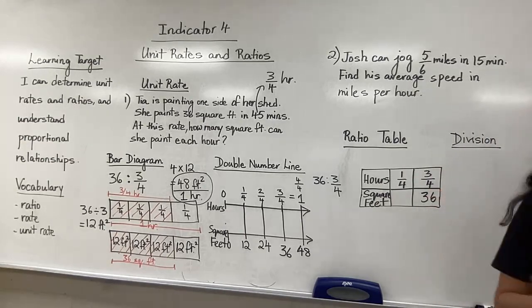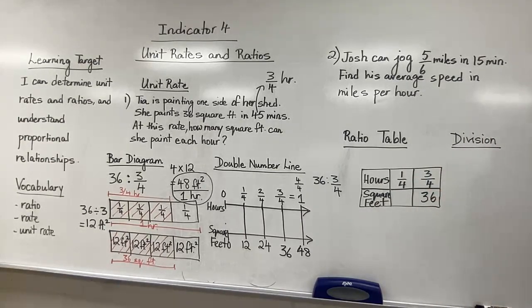So first we have got to scale back in order to calculate how much is 1/4. We are going to scale backward to find the number of square feet painted in 1/4 hour. So if I scale backward, what am I doing?